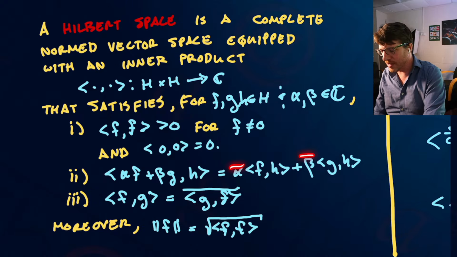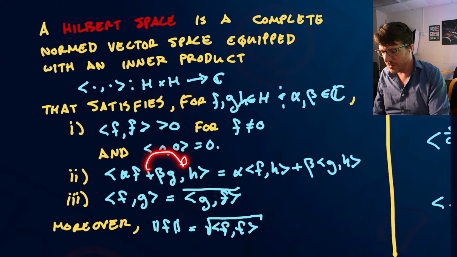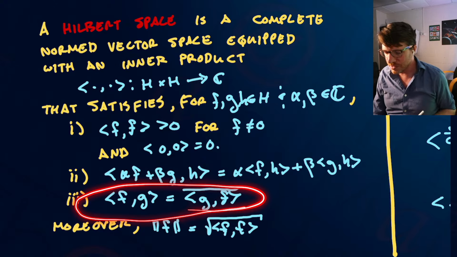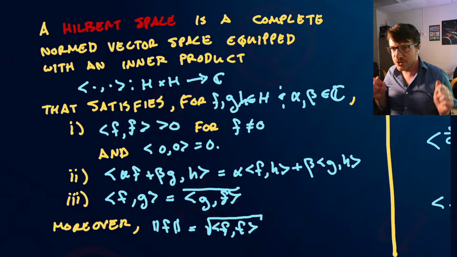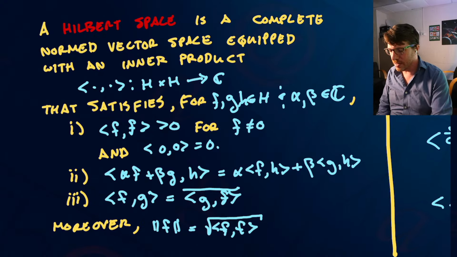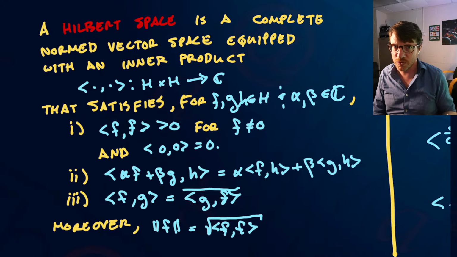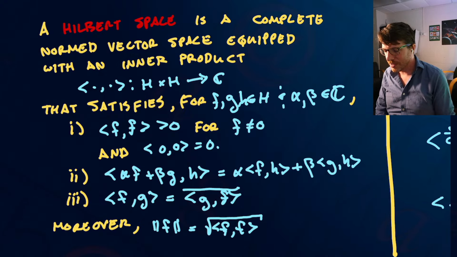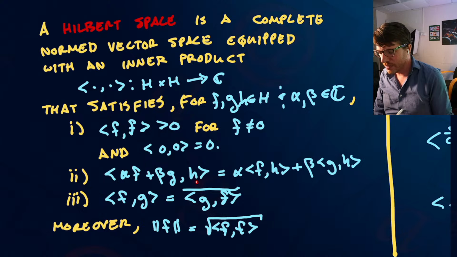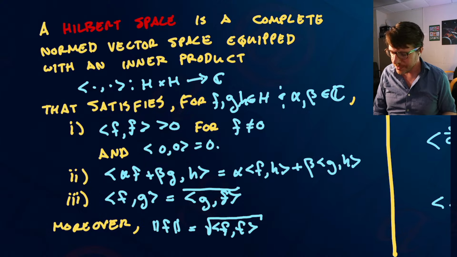So these would have bars on them if this was over here in this term. And that is because we have this conjugate symmetry. If you exchange f and g in your inner product, then it comes off with a complex conjugate. Remember, the value of this function is always complex. And so basically you have linear on the left hand side, and on the right hand side it is going to be conjugate linear.